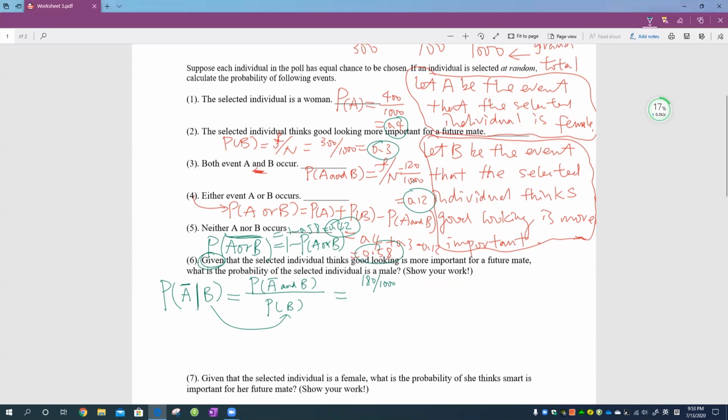That's probability of A bar and B. And divided by probability of B, which we calculated as 0.3. So that's going to be 0.18 divided by 0.3. So that's going to be 0.6.